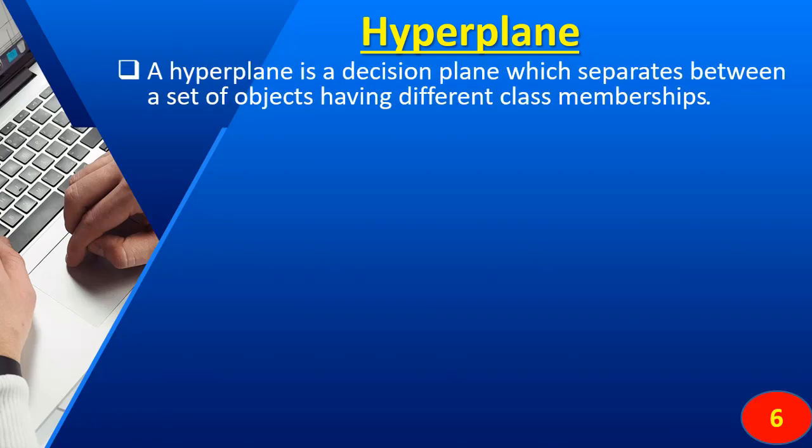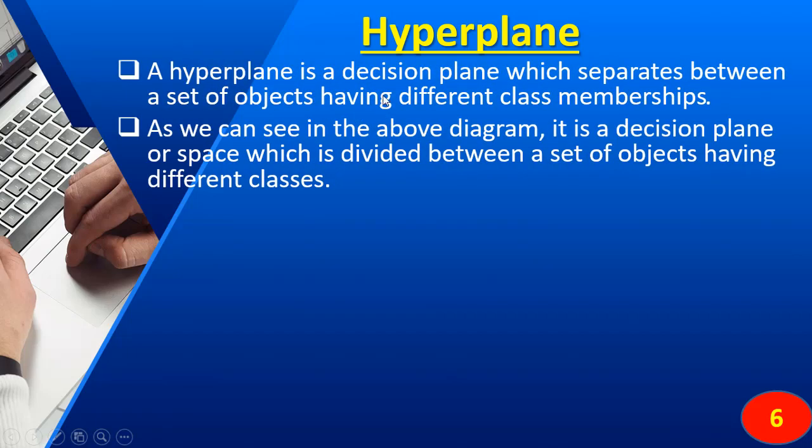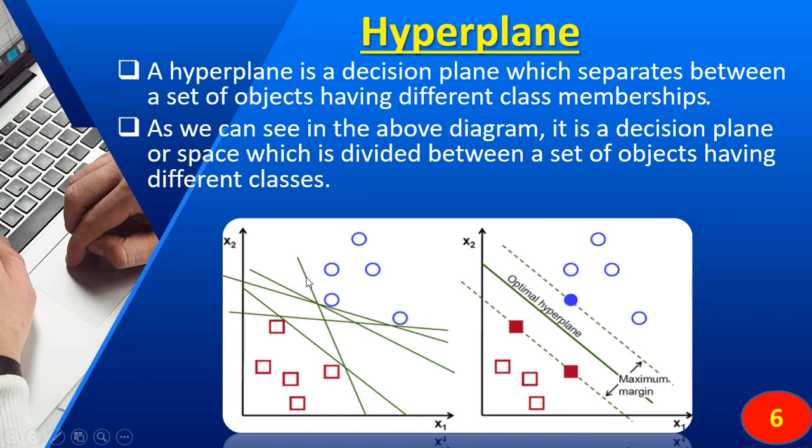Hyperplane. A hyperplane is a decision plane which separates a set of objects having different class memberships. As a simple example, for a classification task with only two features like the image above, we can think of a hyperplane as a line, like this straight line, that linearly separates or classifies data.